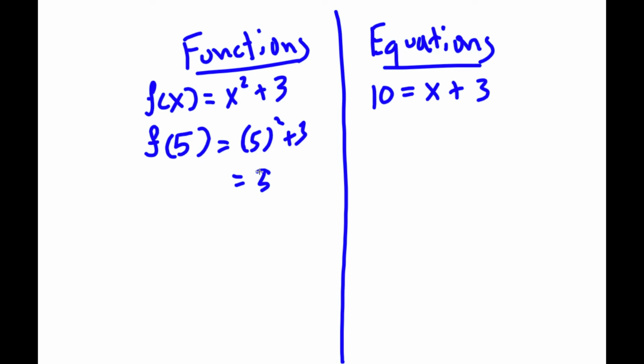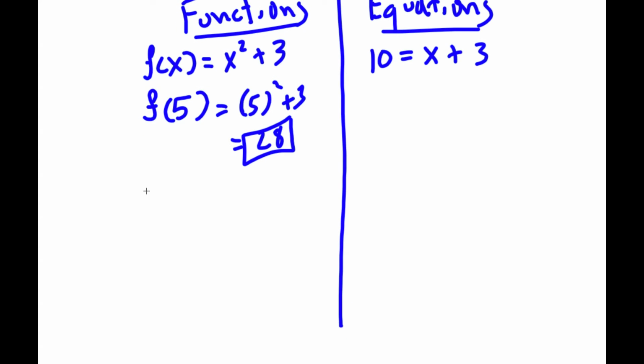So f of 5 would equal 28. And 28 is my output for my given input of 5. All I did was substitute 5 for x. So 5 was my input and 28 was my output. So what a function is: you put in an input and you receive an output.